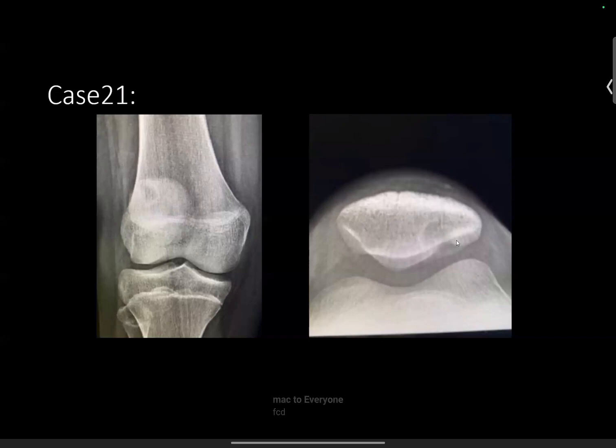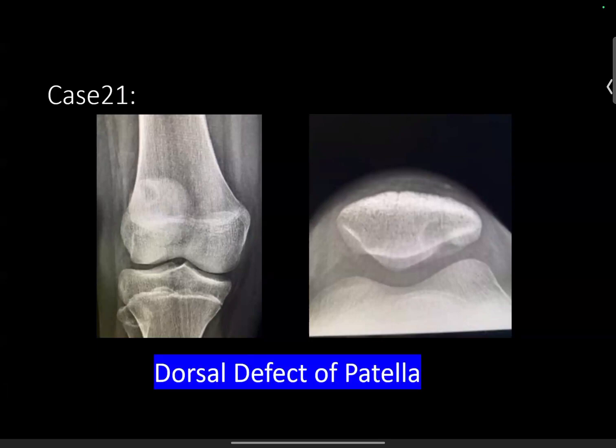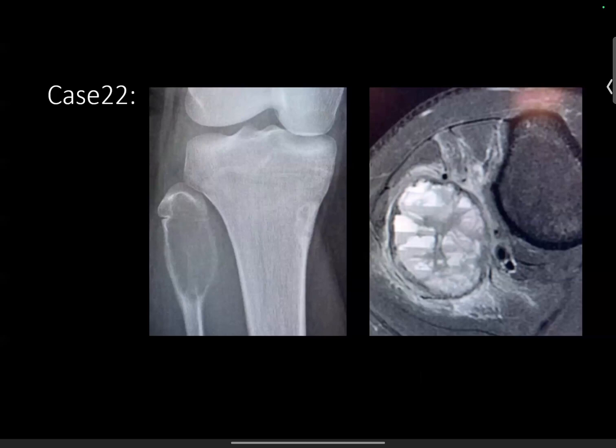Yes, this is dorsal defect of the patella, and as with all patellar variants, it loves the superolateral aspect of the patella, I find, like bipartite patella. So this is just a developmental thing, known as dorsal defect of the patella.